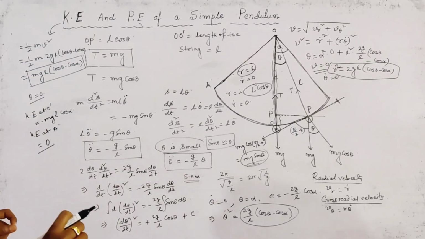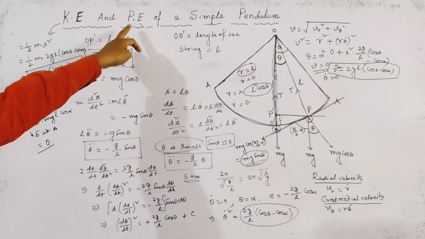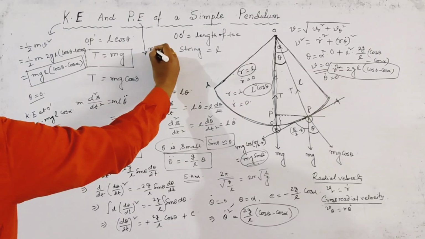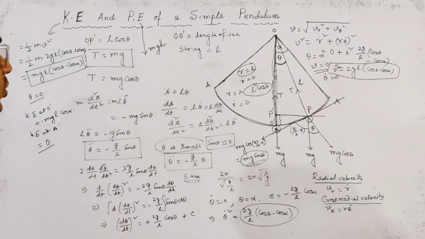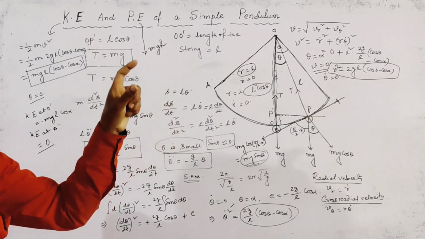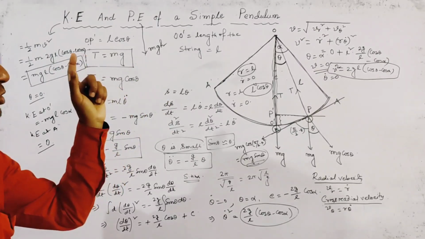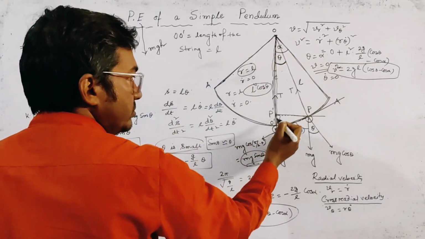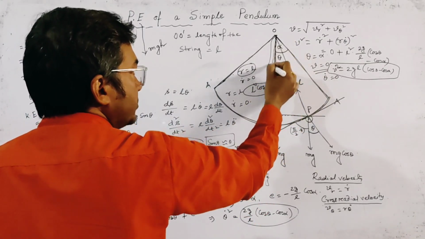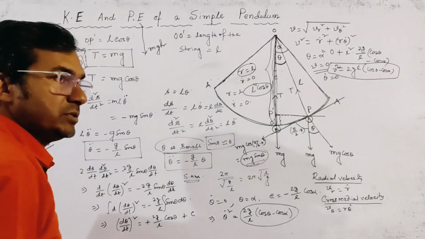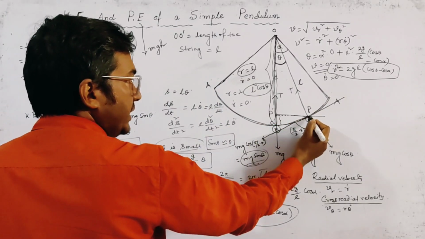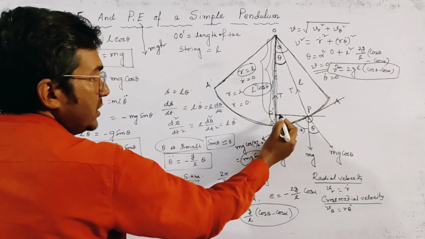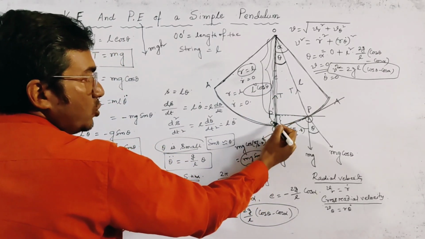Now we concentrate on the potential energy. The expression for potential energy is mgh, where h is the vertical depth through which the particle moves. When the particle is at P, the vertical depth is this, so here we have to find the value of P dash O dash.